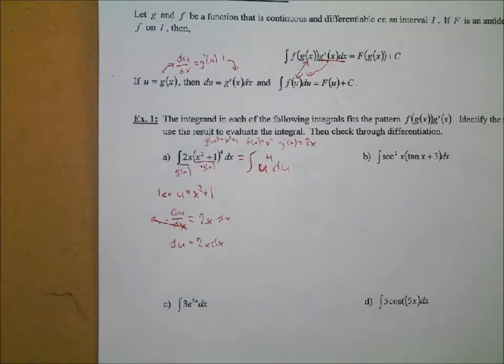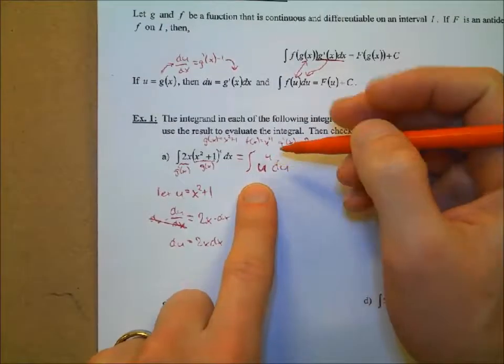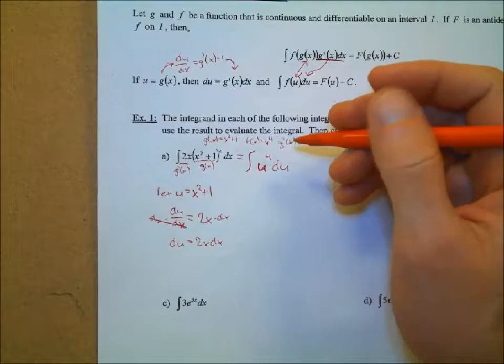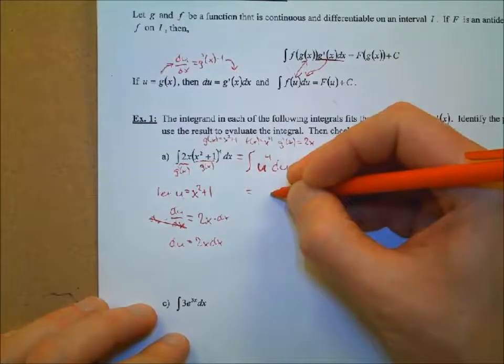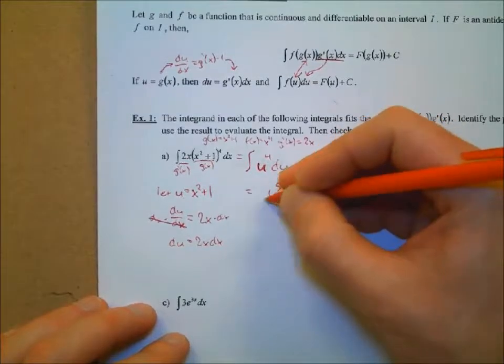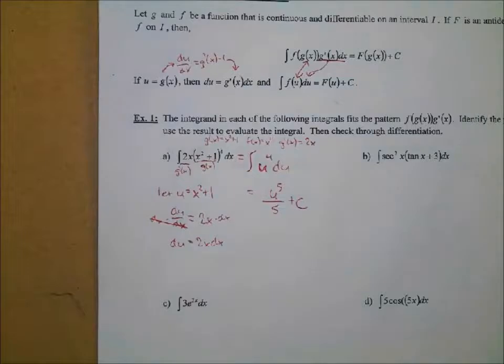Now, rewriting this integrand in this way, we can integrate u to the fourth, no problem. What is the integral of something to the fourth power? It's u to the fifth over 5 plus c. This is an indefinite integral, right?